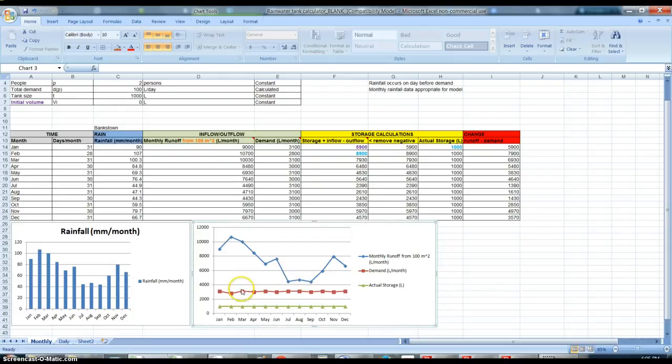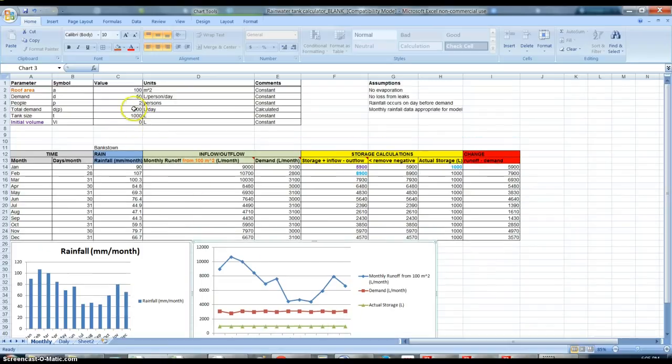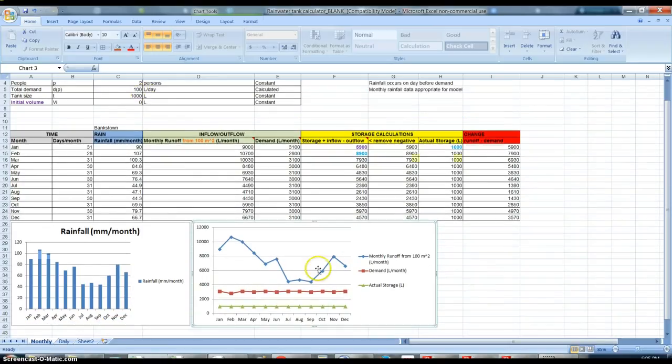And then the demand, which is pretty constant, based on the demand per day and the number of days per month. And then we've got the total storage, which, as you can see, we've got an excess of water, so all good.